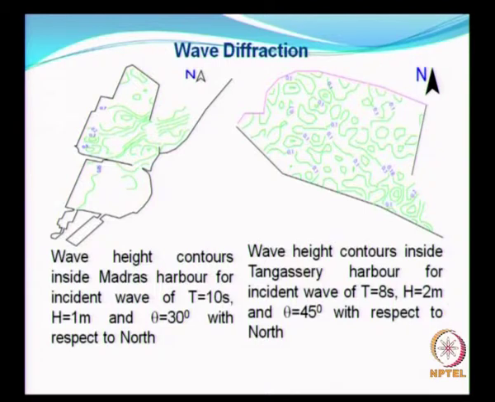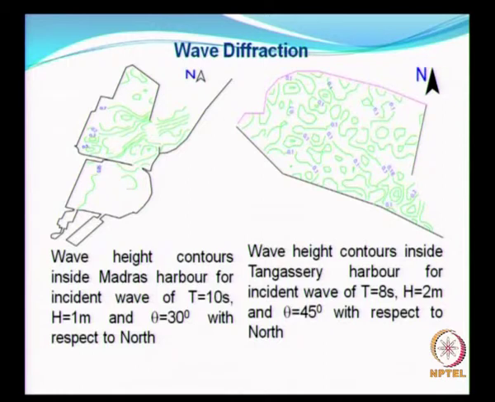So this shows how the wave height contours look like. On the left side, you have the Chennai harbor, one of the major harbors. On the right side you have the layout of Tangaseri fishing harbor. Remember, the breakwater can be impermeable or permeable. Most of our breakwaters are permeable.